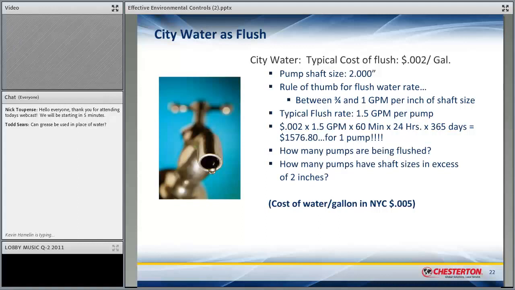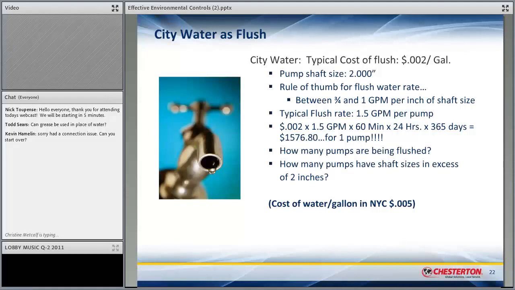We generally use between 3/4 to 1 gallon per inch of shaft size. So if we use 3/4 GPM for this example, for a 2-inch shaft size, our typical flush rate would be 1.5 gallons per minute per pump.